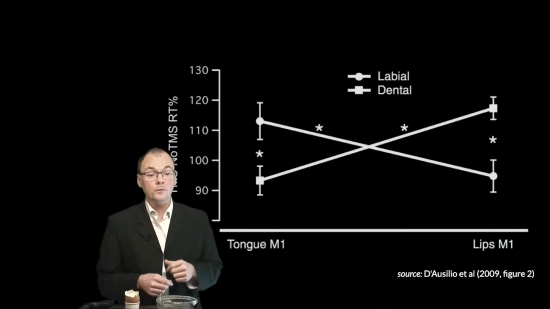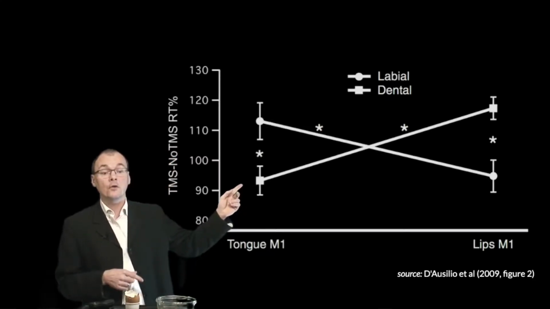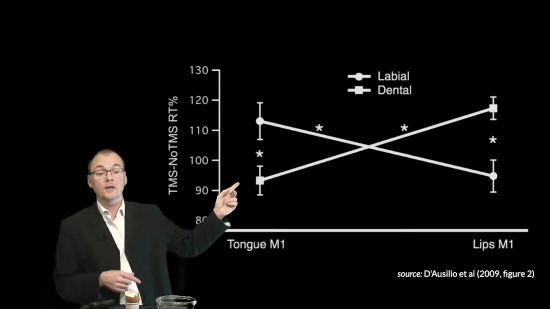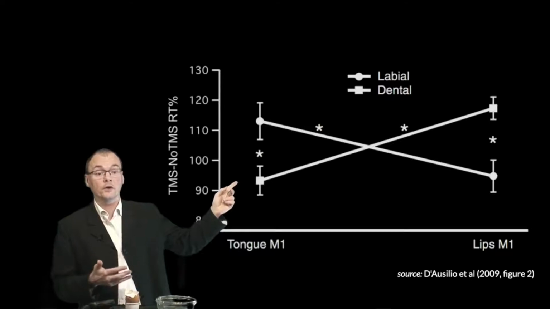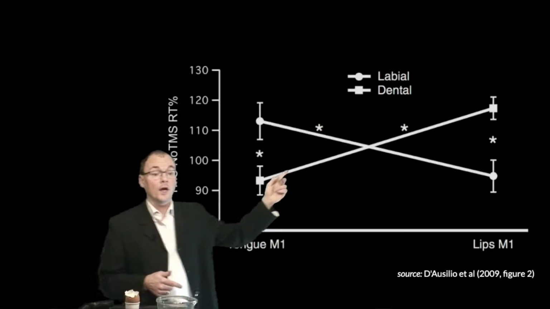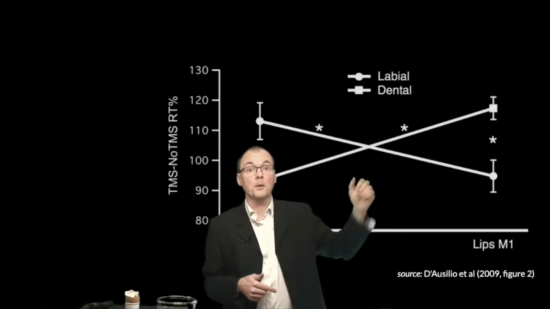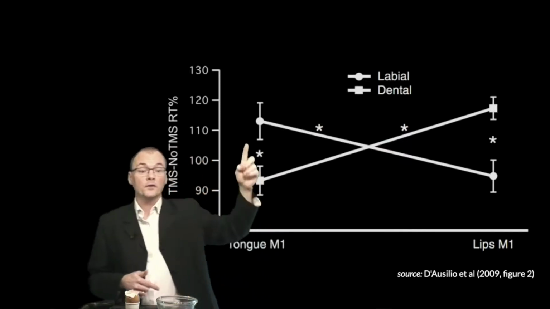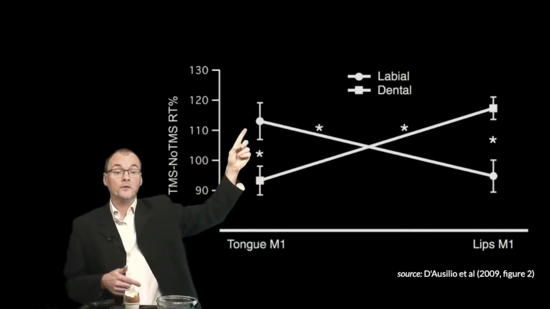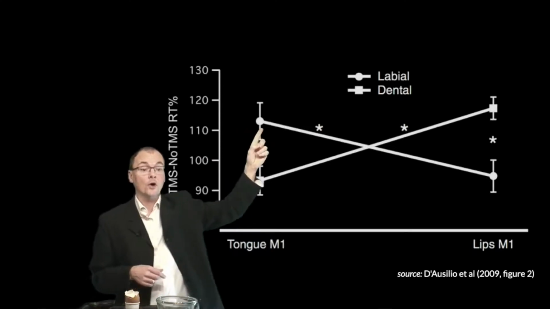What they found was very simple. If you give somebody the tongue-related TMS, they will be faster to recognise the tongue-related phonetic gestures t, d, and slower to recognise the lip-related phonetic gestures b, p. Whereas if you give them an artificial boost via TMS in the lip-related motor area, you'll get the opposite pattern.